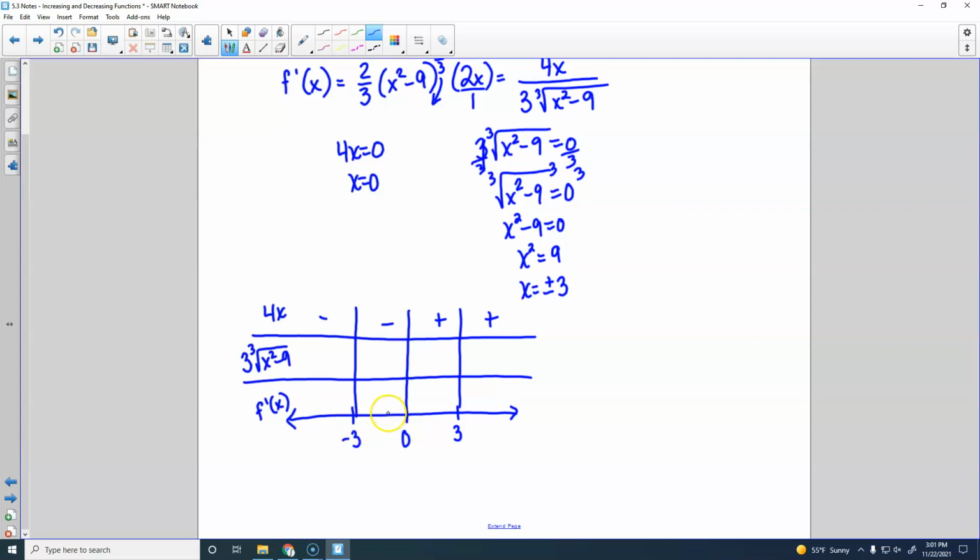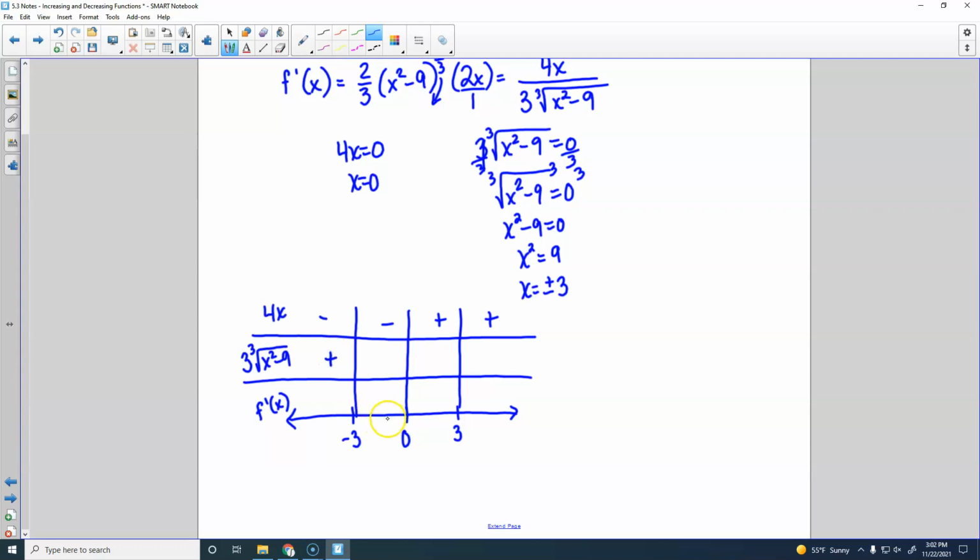So if we plugged in negative 2, 4 times negative 2 gives us negative 8, which would be negative in that section. You're not plugging in the critical points because those should give you 0 or undefined, right? Because that's how we got those. We're picking numbers between. So if I pick a number like negative 4, negative 4 squared would give me 16. 16 minus 9 would be positive.